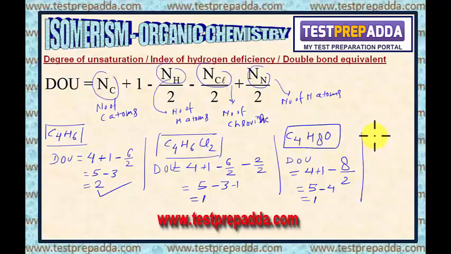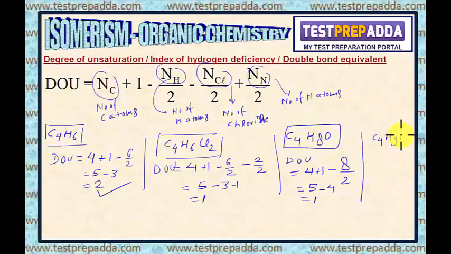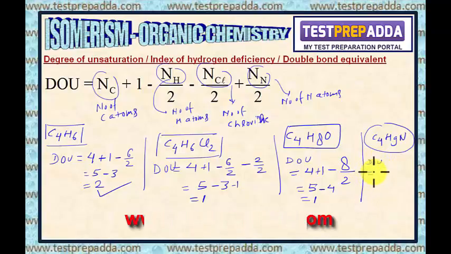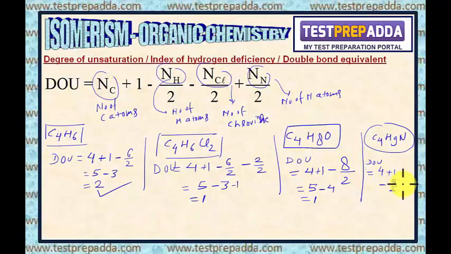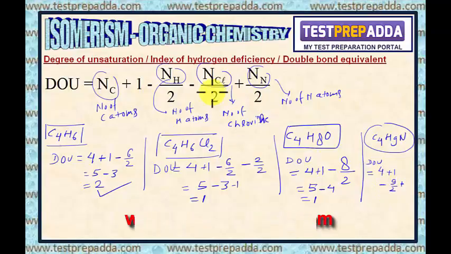I'll take another example, C4H9N. So here, with the help of the formula, if we try to find degree of unsaturation, it will be equal to 4 plus 1 minus 9 by 2 plus the number of nitrogen atoms, 1 by 2, halogens we don't have.